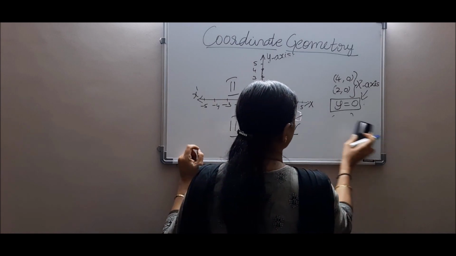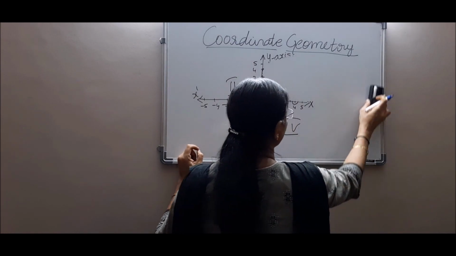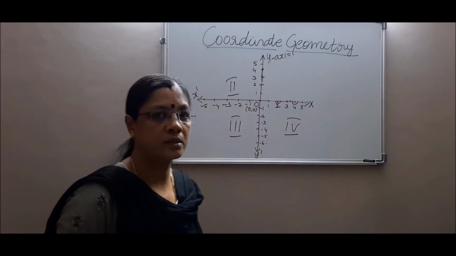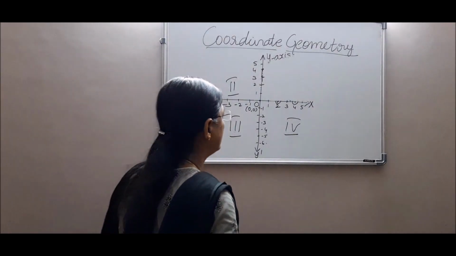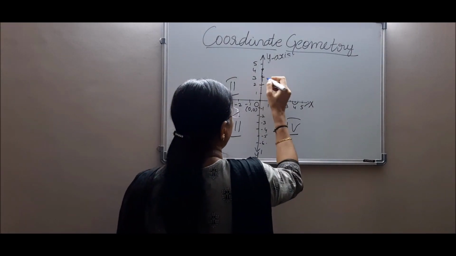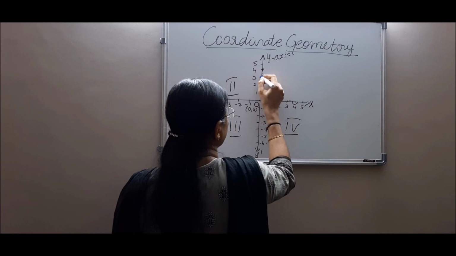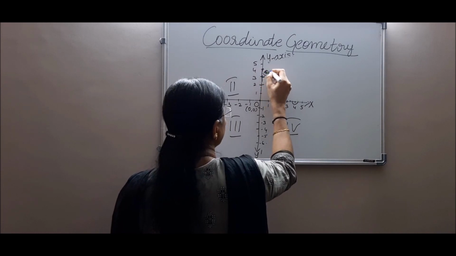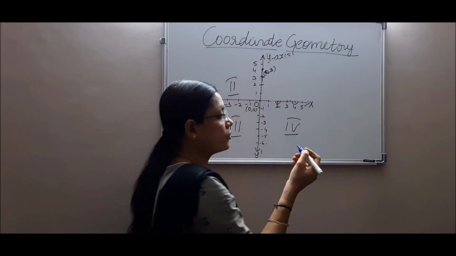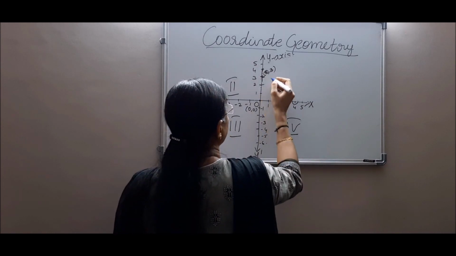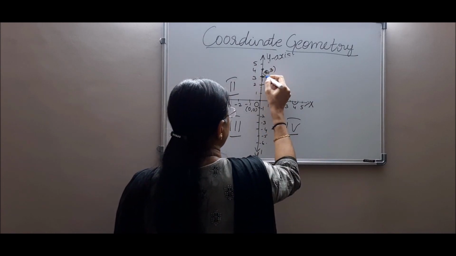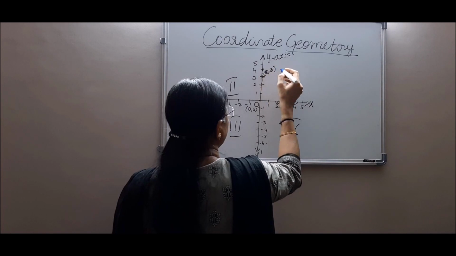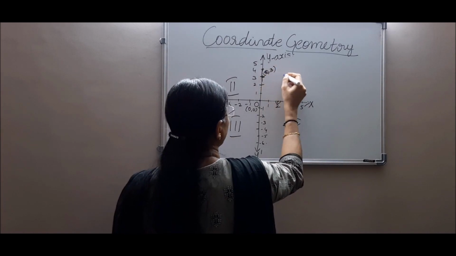We have seen the equations for the x-axis and y-axis, isn't it? Now let me draw a line here. Let me mark points. I told you 0 comma 3, isn't it? This is 0 comma 3, drawn here, and let me mark some other points.